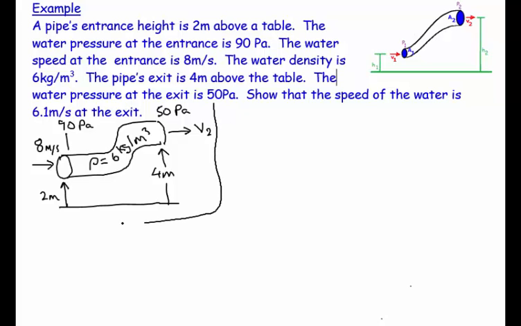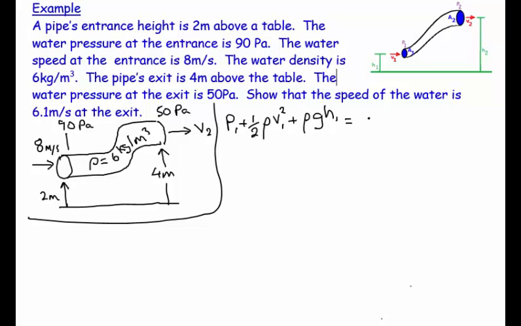Bernoulli's equation basically says that the pressure at one point in the pipe plus 1/2 times the density of the fluid times the velocity of the fluid squared, a half rho v squared, plus rho times g times the height of the pipe at the beginning, that's a constant.